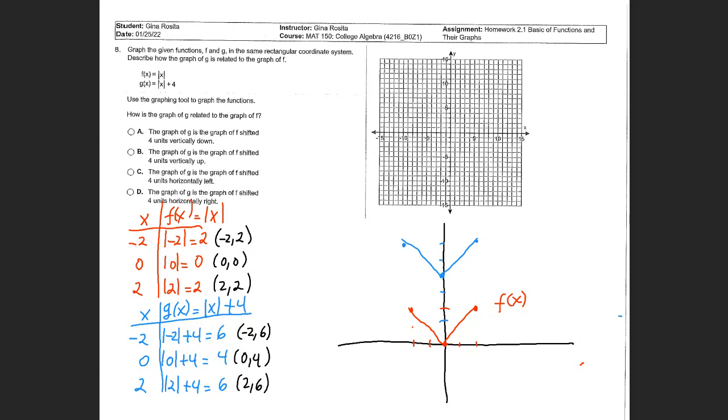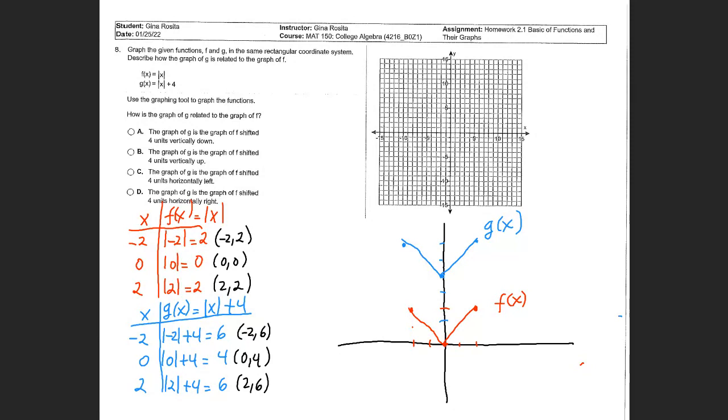So now they ask the question: use the graphing tool to graph the function. How is the graph of g related to the graph of f? Look again. F is red. This is g of x. Option A: the graph of g is the graph of f shifted 4 units vertically down.